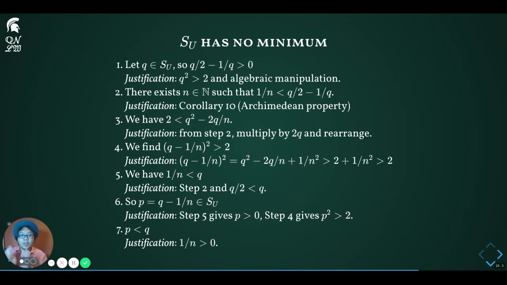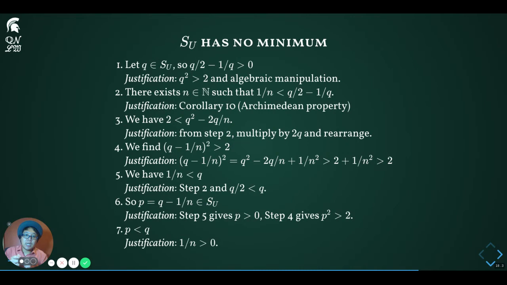Doing some algebraic manipulations, we find that q squared minus 2q over n is still bigger than 2 for the n that we chose. This can be rearranged further to read that the quantity q minus 1 over n squared is also bigger than 2. On the other hand, since 1 over n is less than q over 2, it is also no bigger than q.